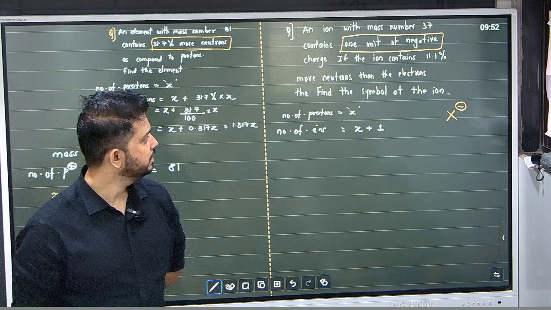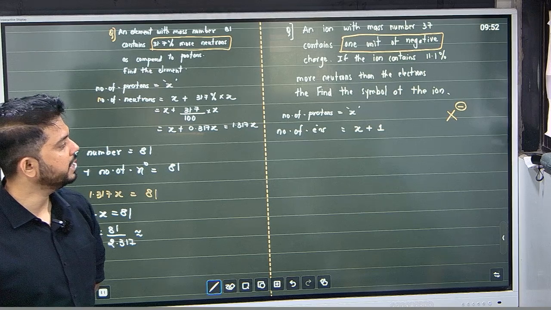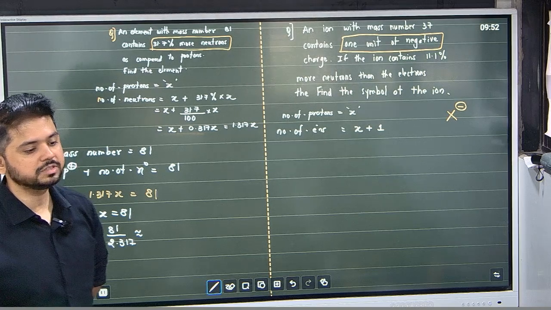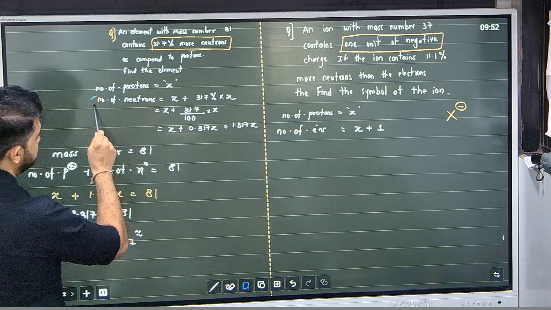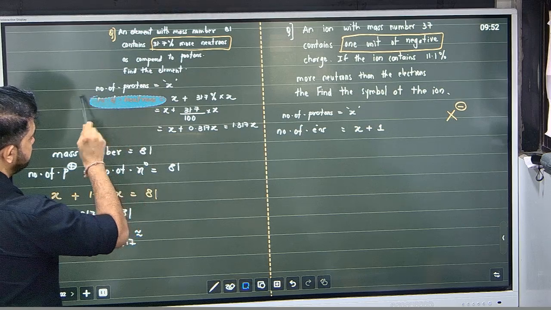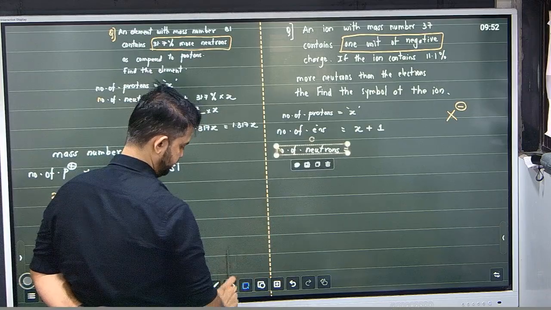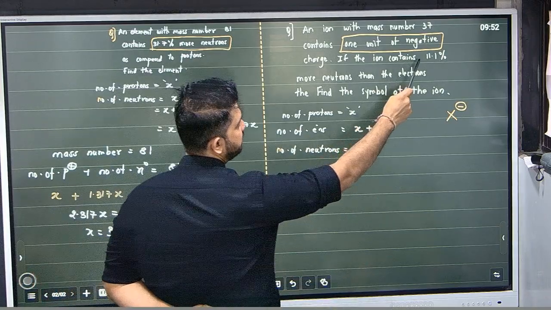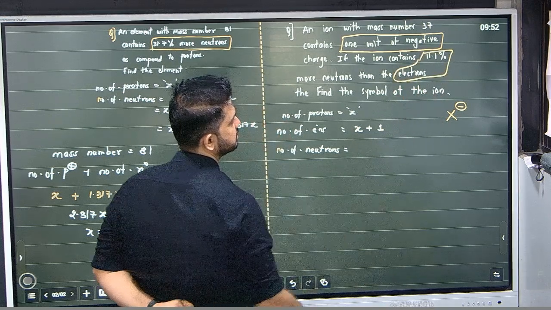What did they say next? If the ion contains 11.1% more neutrons than electrons. Similarly, like we found the number of neutrons here, can someone tell me how I will write the number of neutrons over here? 11.1% more than electrons.